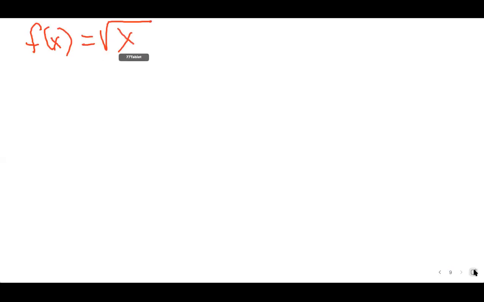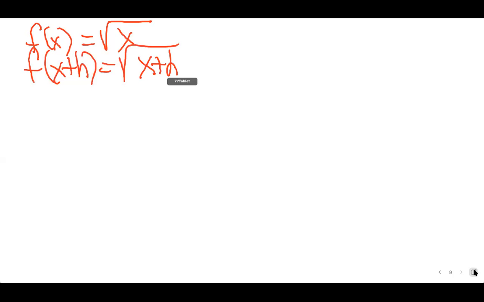So paano naman nahanapin yung kanyang derivative? Okay? Now let us change this one into f of x plus h. Right? So f of x plus h is equivalent to square root of x plus h. Right? Okay? And then i-input na natin siya doon sa ating formula.